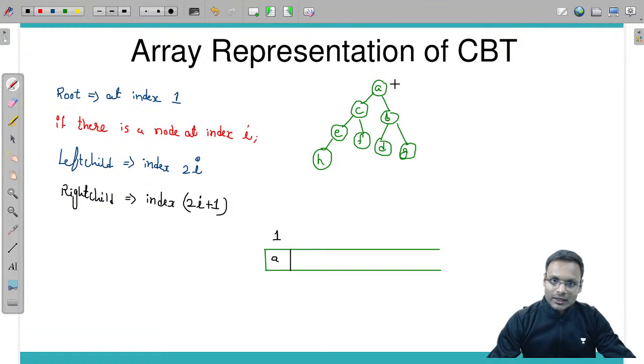Now if I am storing a node at index i, its left child, A's left child, is C, and it should be stored on 2i, 2 into 1.